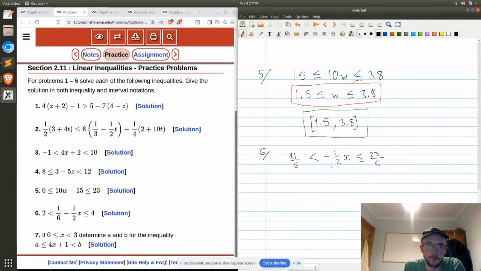And now multiply the left and the middle and the right by -2. So that will turn the left into 11/3 and the right into 23/3.